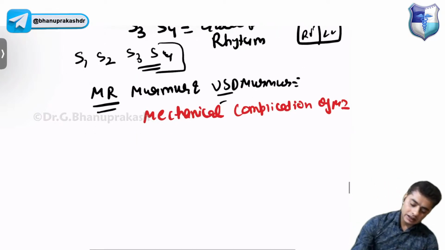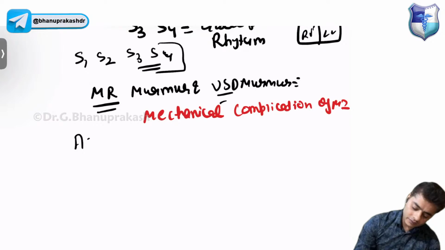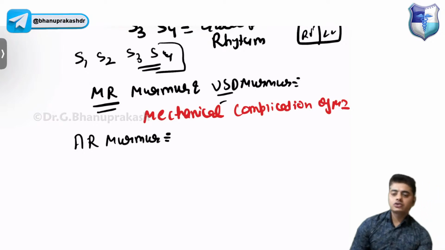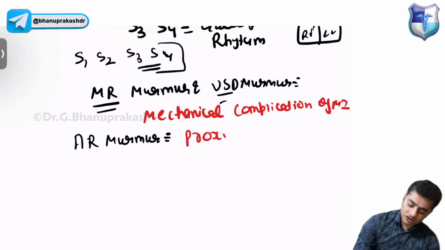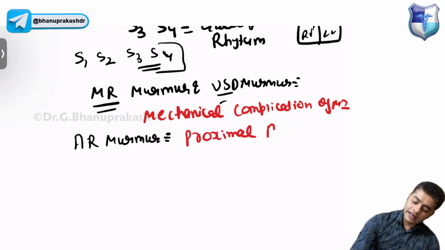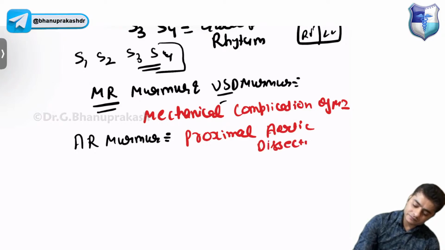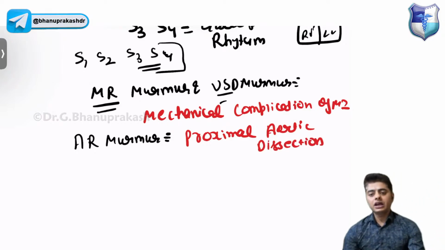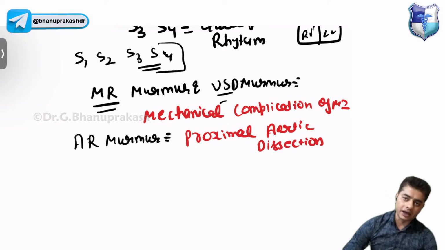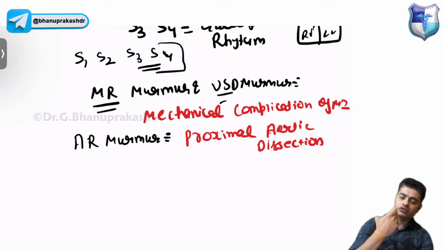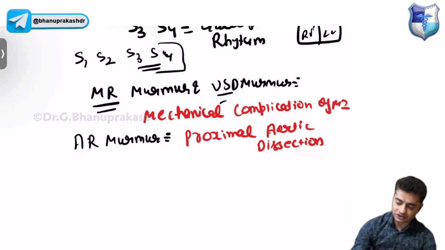Okay. Other is your AR murmur. So what are the reasons behind your AR murmur? Proximal aortic dissection. Okay. So if you get an MR murmur and VSD murmur, then you suspect a mechanical complication due to MI. If you are getting an AR kind of murmur, then you will suspect proximal aortic dissection.